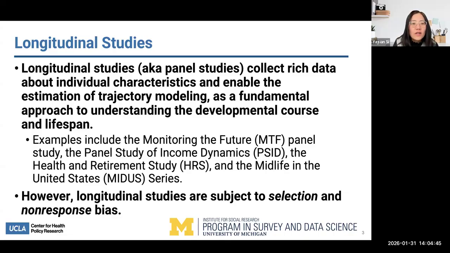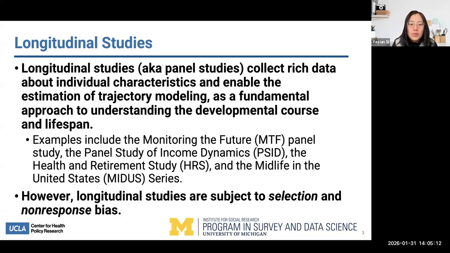The examples of longitudinal studies include the Monitoring the Future panel study, which is organized by researchers at University of Michigan, the Panel Study of Income Dynamics, the Health and Retirement Study, the Midlife in the United States series, and others.